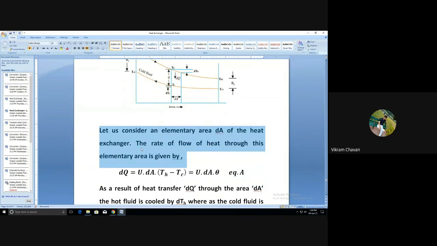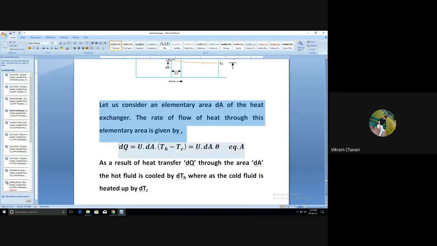The rate of flow of heat through this elementary area is given by dq is equal to U multiplied by dA multiplied by Th minus Tc.